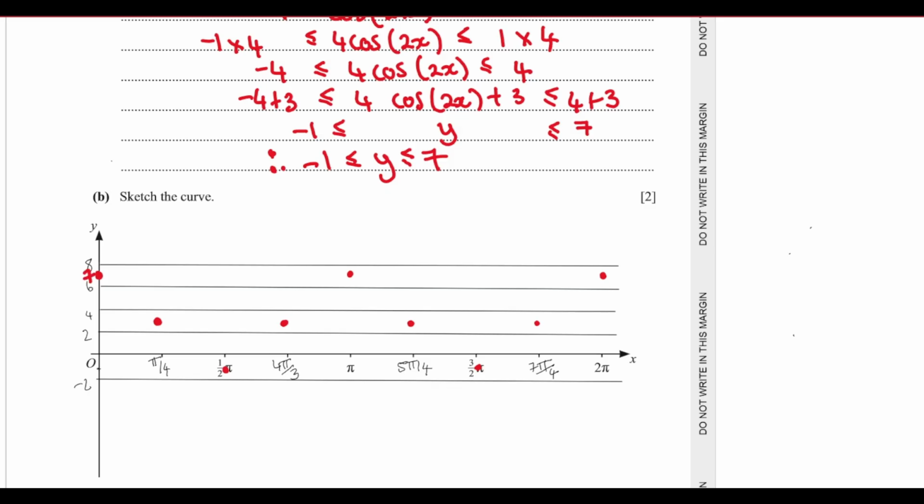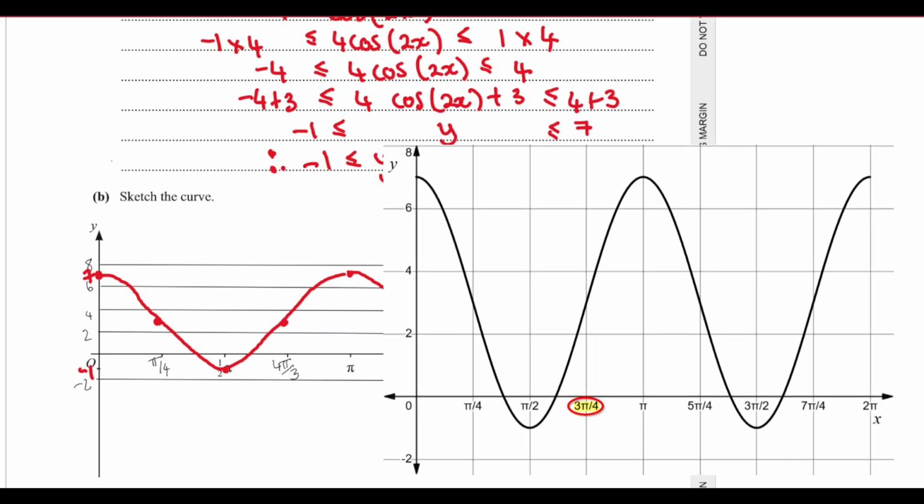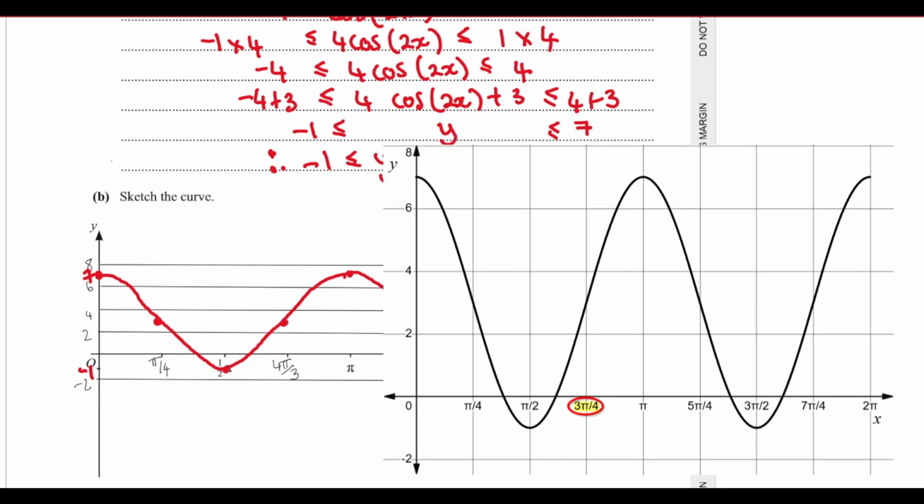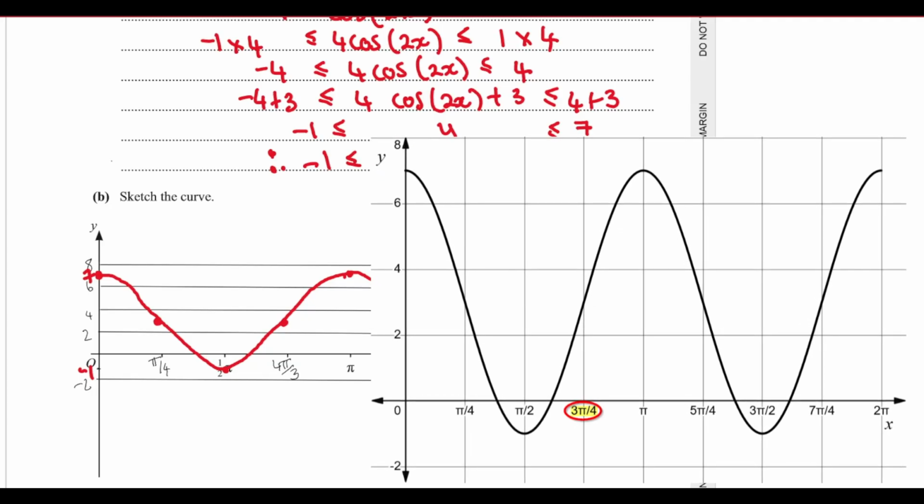Let's just write a 7 there for them, and the minimum value is -1. Write that in. Now draw the cosine curve. I'm not the best drawer here on the computer. Here we go. So there's your curve. And it's pretty accurate. Again, I just wish they gave you some more space.